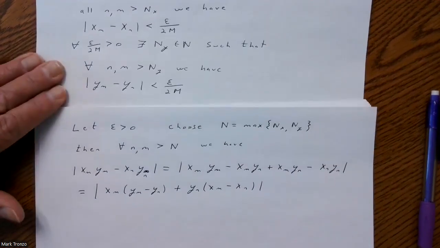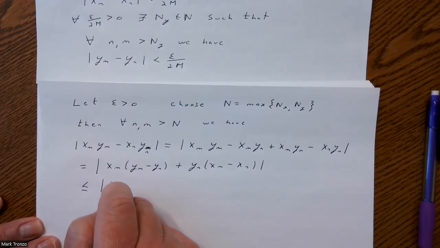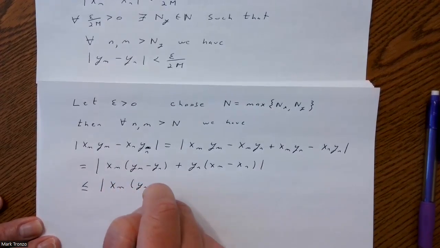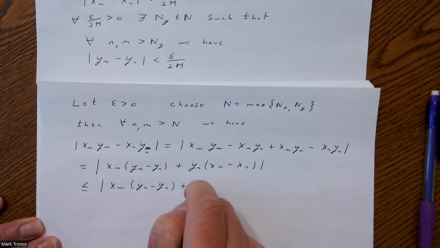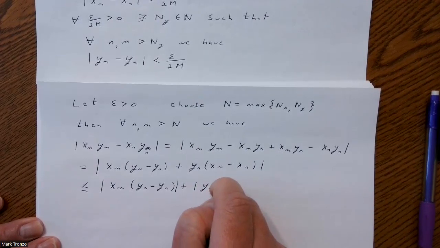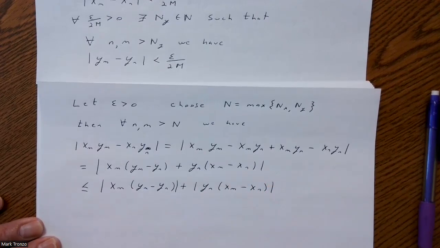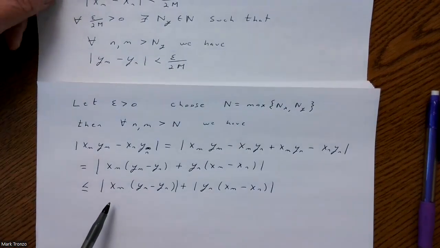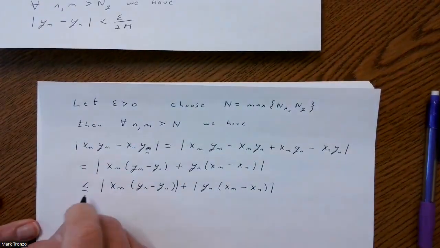And then we use the triangle inequality, and then we picked, remember, we already defined our capital M as the maximum of both of the sequences.